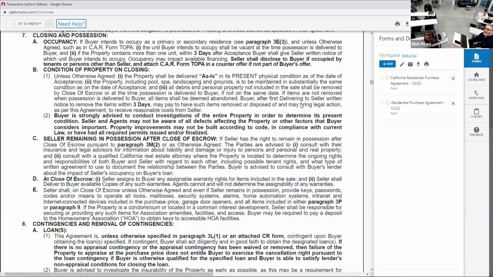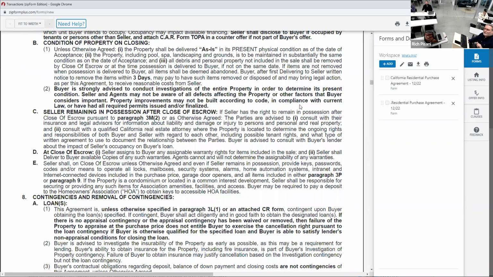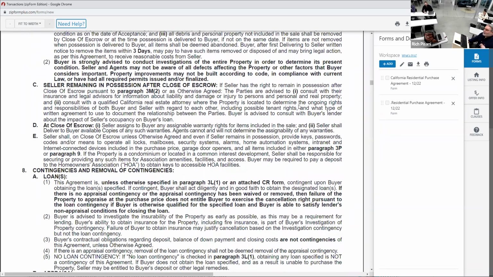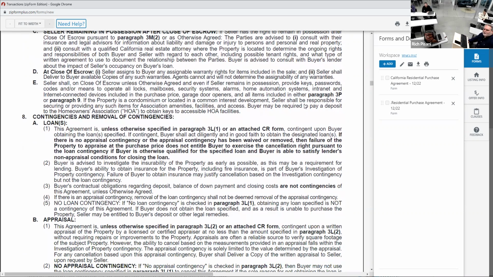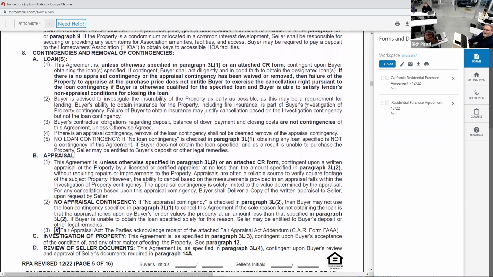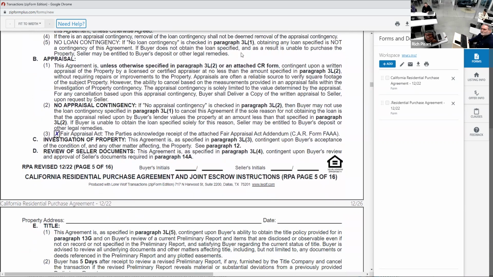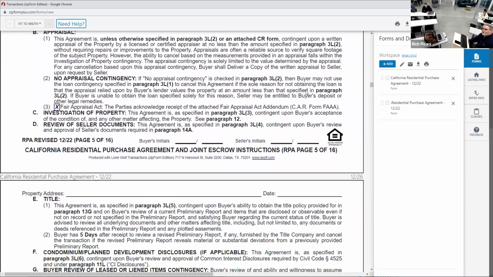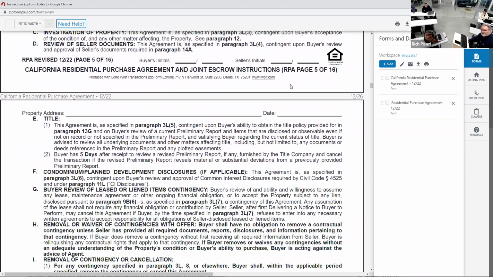This talks about the seller remaining in possession after close of escrow. There are those two forms, depending on the time frame. Loan contingency, we went over appraisal contingency, investigation of property, that's the final verification, review of seller demand, title. I'll say this about the title report: absolutely look over the title report, but don't answer questions for your client about what's in the title report.